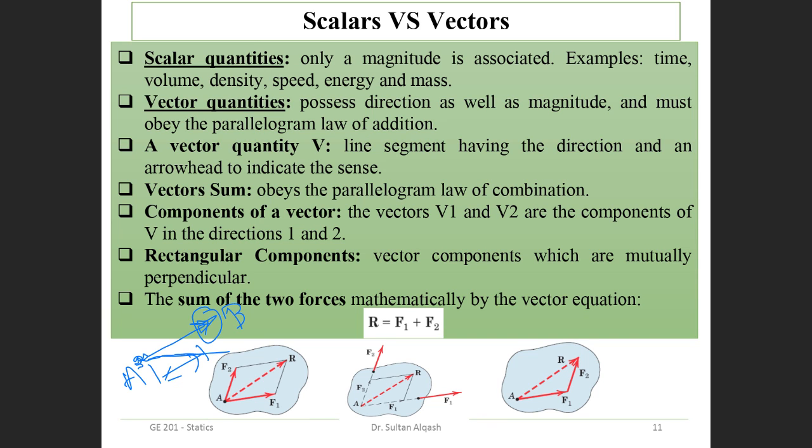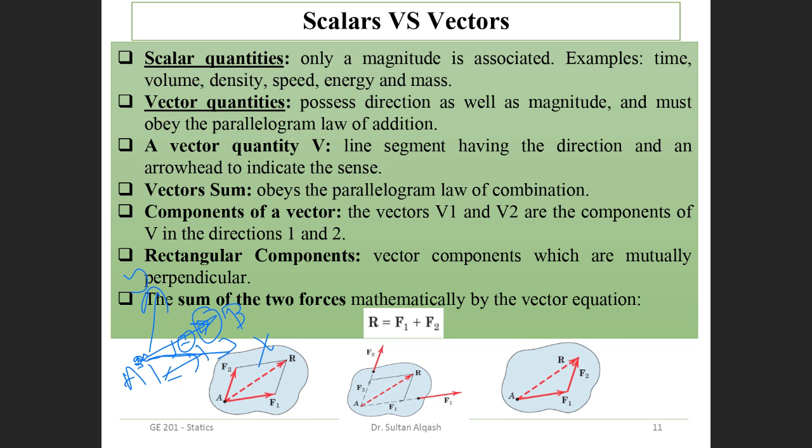And then I can define it with the x, y, z coordinates. This is x, y, right? And with the x-axis, I can define the theta angle, right? Clear? Simple, right? So there is something called components. Any vector has components in x, y in two-dimensional space, and x, y, z in three-dimensional space.